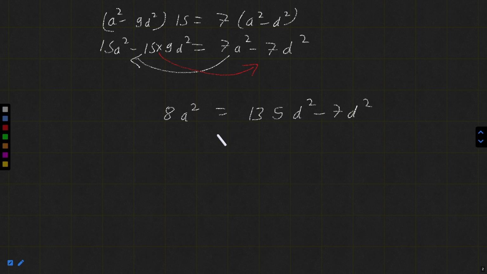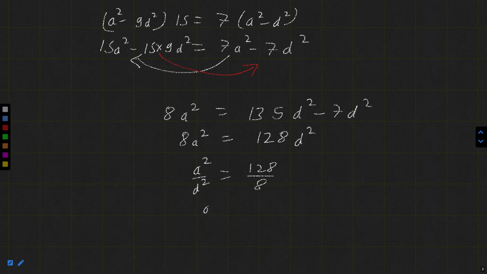Now after simplifying further, I will get 128d square. Okay, simple. Now a square upon d square is equal to 128 by 8.